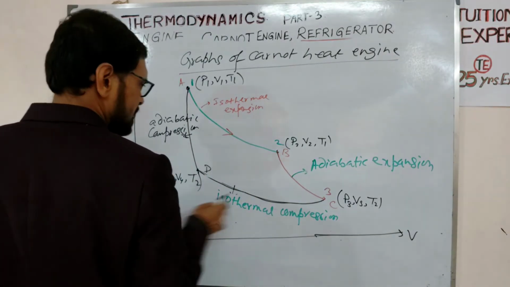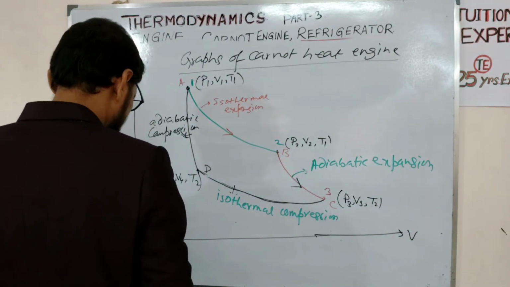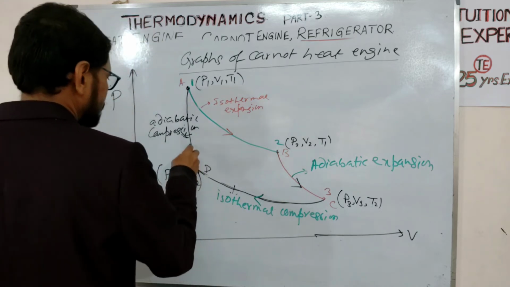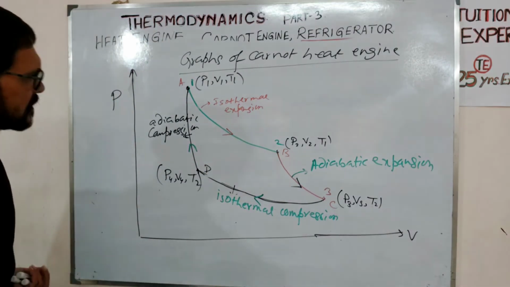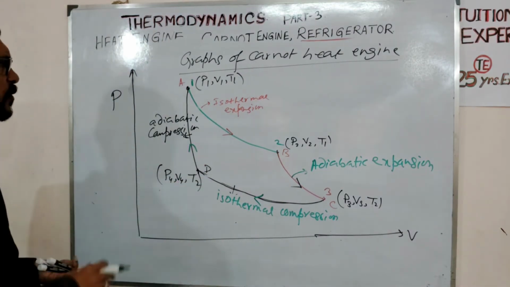These are the 4 cyclic processes. So these are the graph. Now what is the work done?